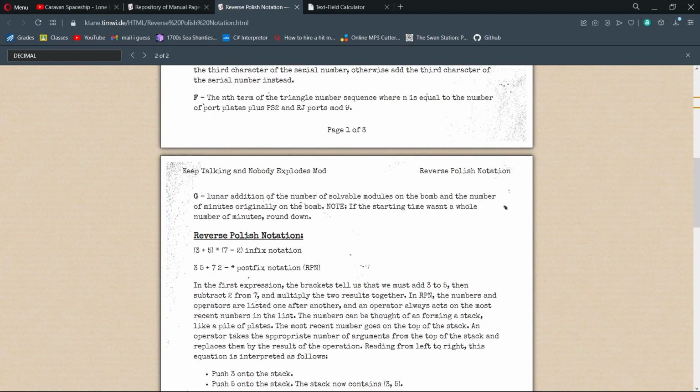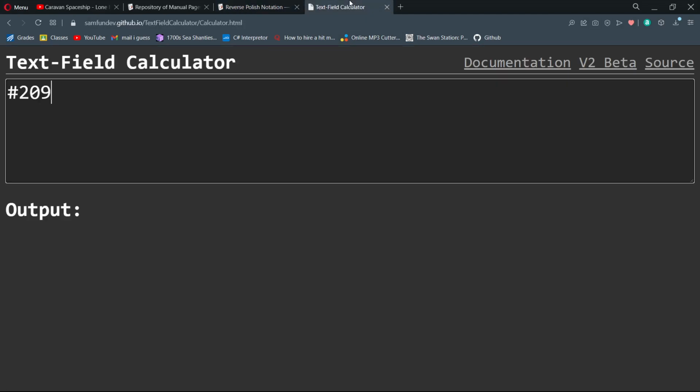And this one is actually a special one. The Lunar Edition of the number of solvable modules on the bomb and the whole number of minutes, rounding down. So let me just go over Lunar Edition real quick. So in Standard Edition, let's just do something like 219 and 187.